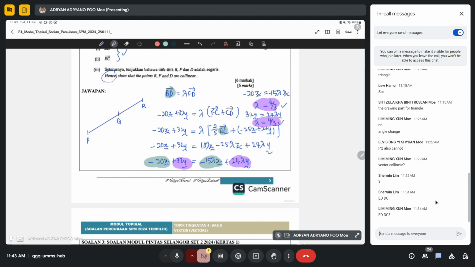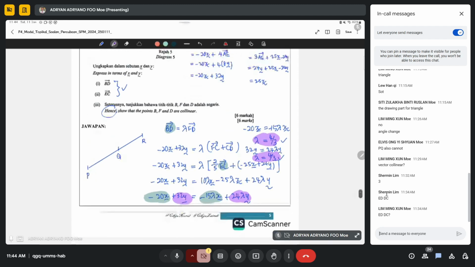So now you use the constant method, finding lambda. Is the lambda from x the same as the lambda from y? If you get the same thing, good, it means it is collinear. But if lambda 1 is 4 over 3 and the second lambda is 3 over 4, it means it is not collinear, or you did it wrong. But usually it's non-collinear if the lambdas are different.